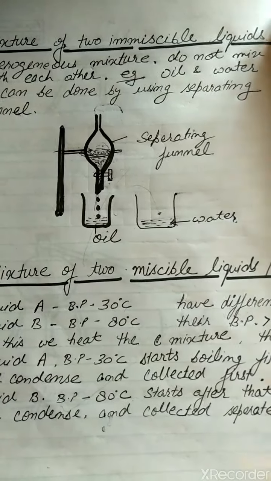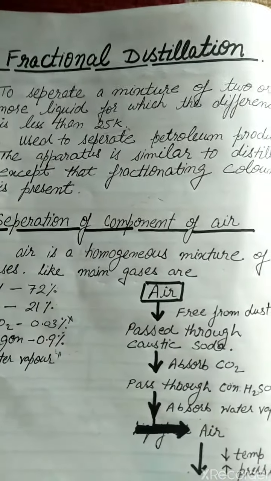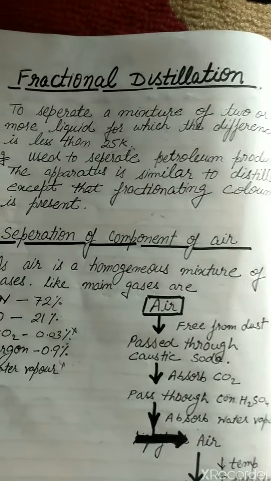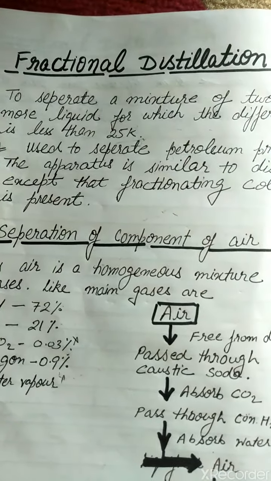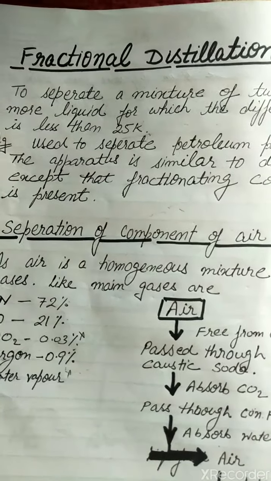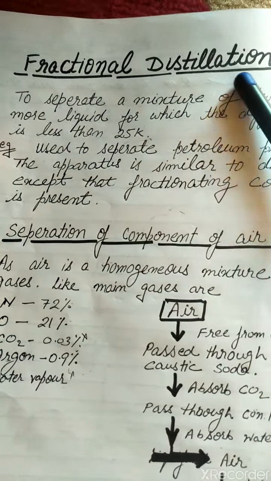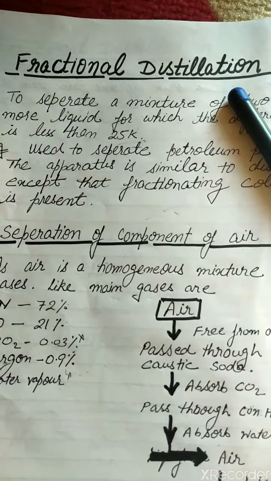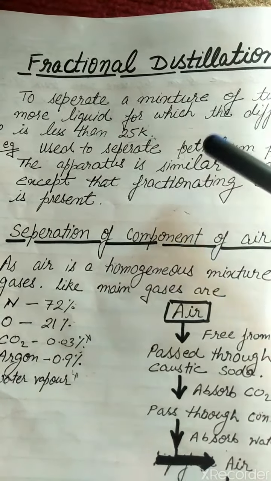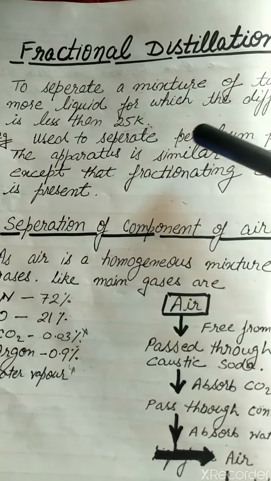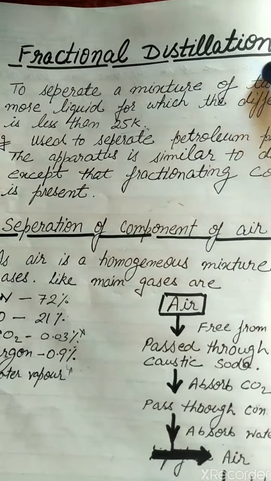Now if the liquids have a difference less than 25 degrees Celsius, then we use fractional distillation. If we have 4 or 5 liquids which are homogeneously mixed together and we want to separate them, then we use fractional distillation.